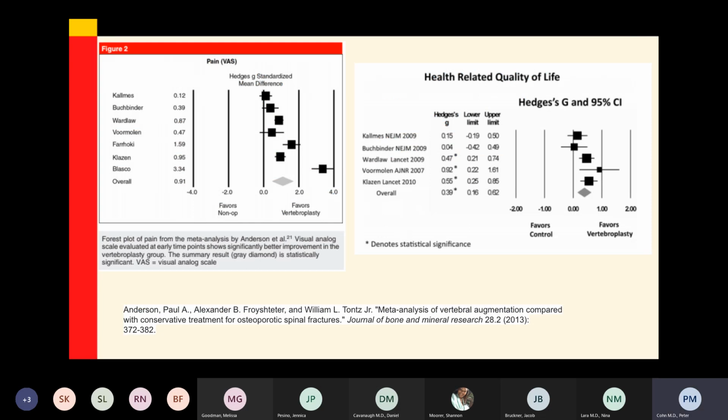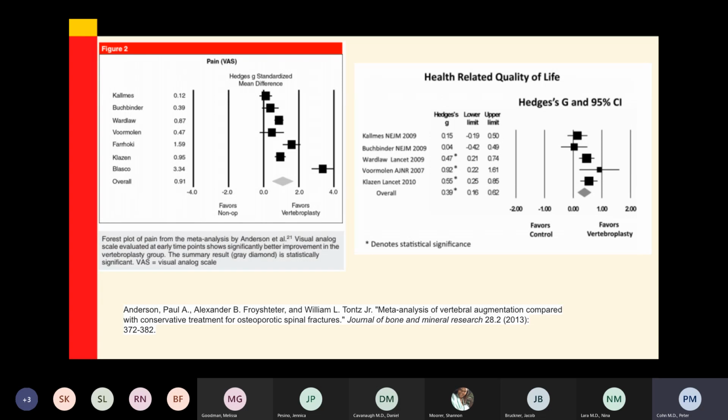So there's been a lot of controversy about cement augmentation, vertebroplasty or kyphoplasty, either technique for compression fractures, and there's been articles on both sides of the spectrum. However, this was a more recent meta-analysis done by Paul Anderson, looking at 6 or 7 studies that looked at both pain outcome scores and quality of life scores for patients who underwent cement augmentation for compression fractures.